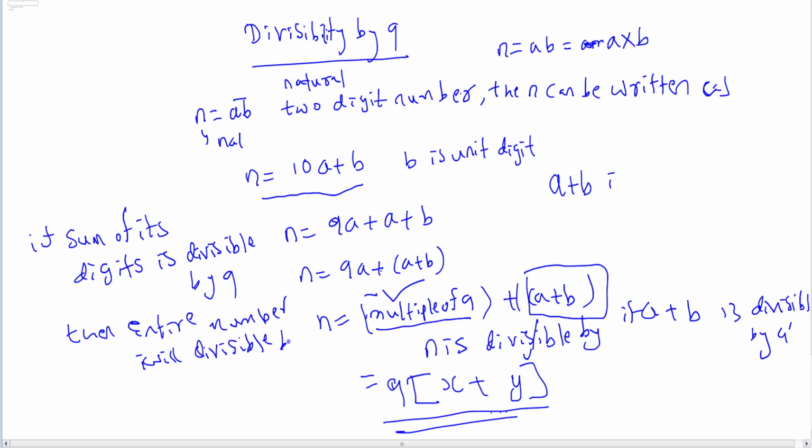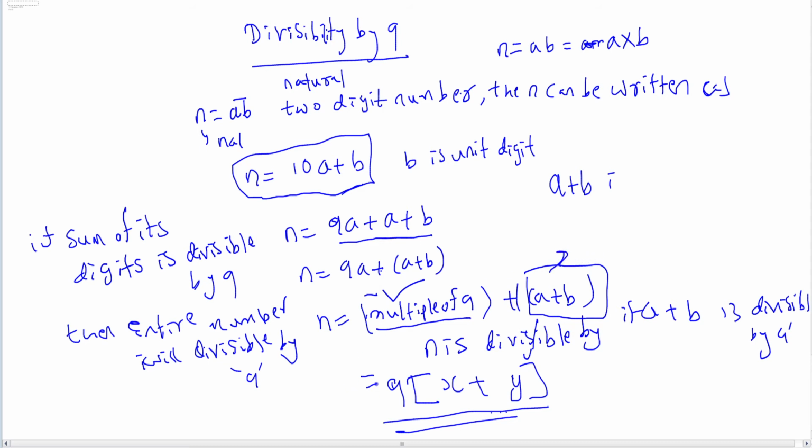Very simple and interesting. Okay, only thing is, any number can be represented in the form of 10a plus b. It can be written as 9a plus a plus b. Only thing is, we have to take 9 as a common, and this a plus b should be divisible by 9.